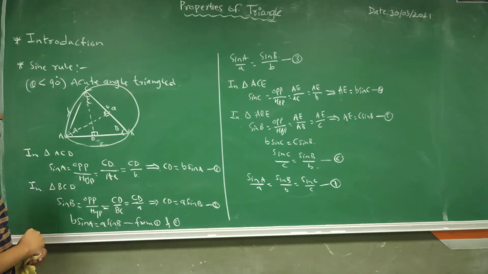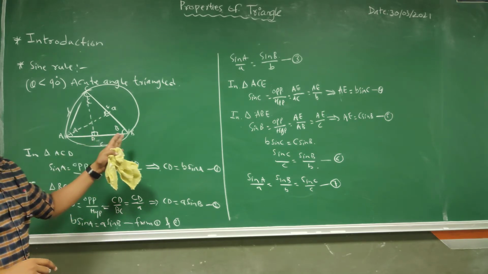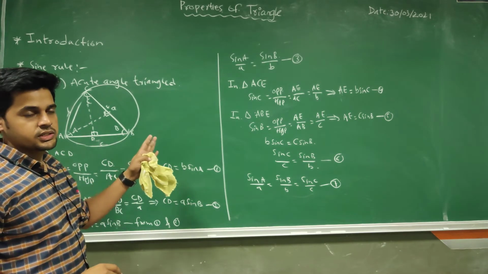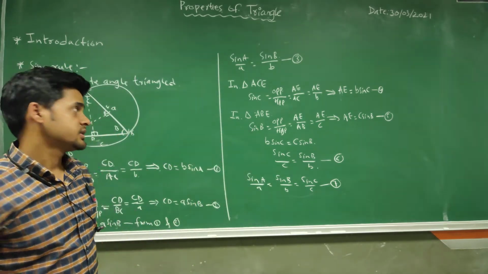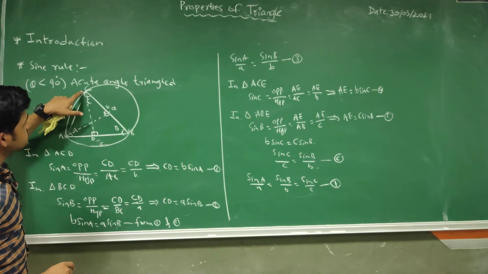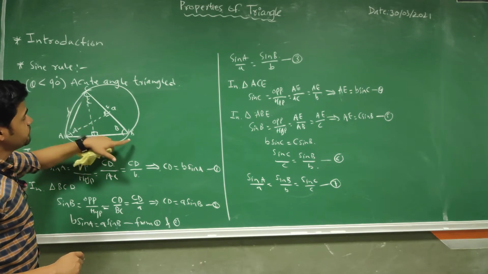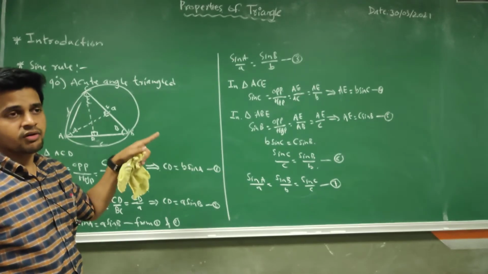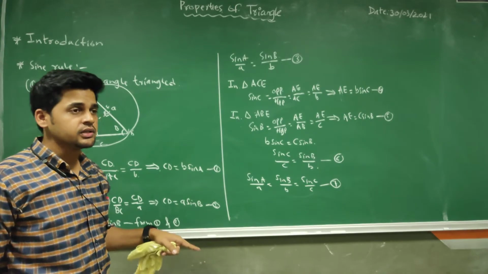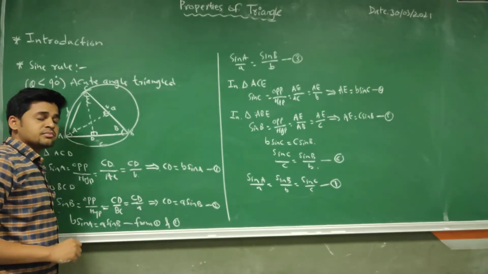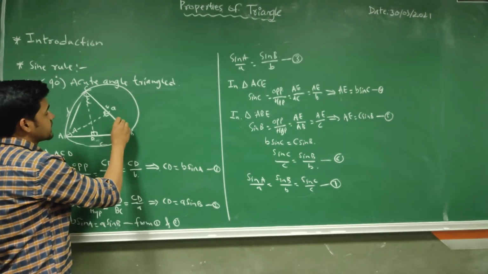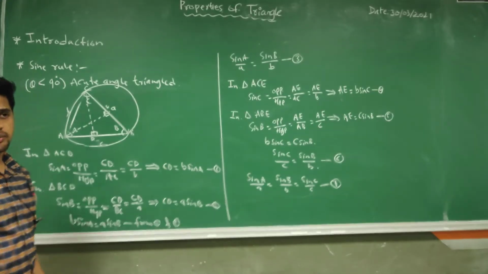I'm not able to draw properly, so you can see the diagram in our textbook, so you can get it very easily. So CB is nothing but the diameter of the circumcircle, so that center is called circumcenter, and the radius is called circumradius.